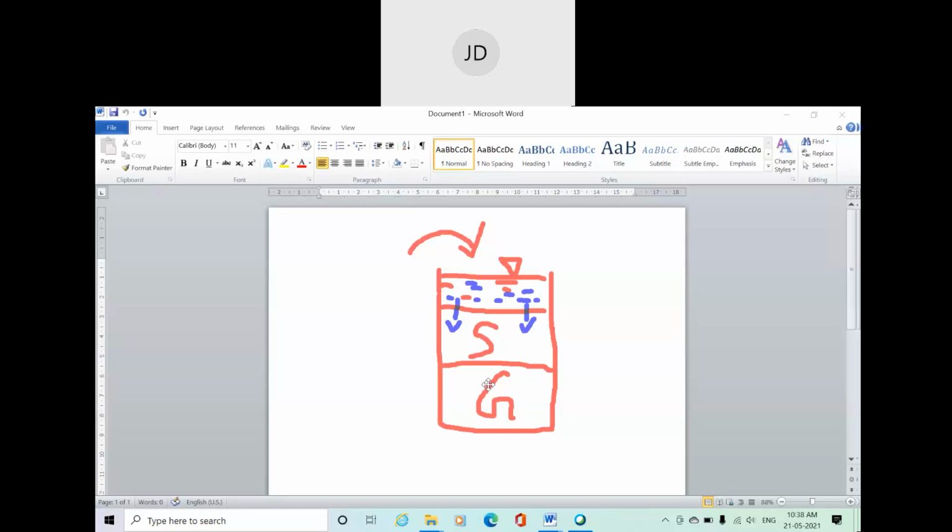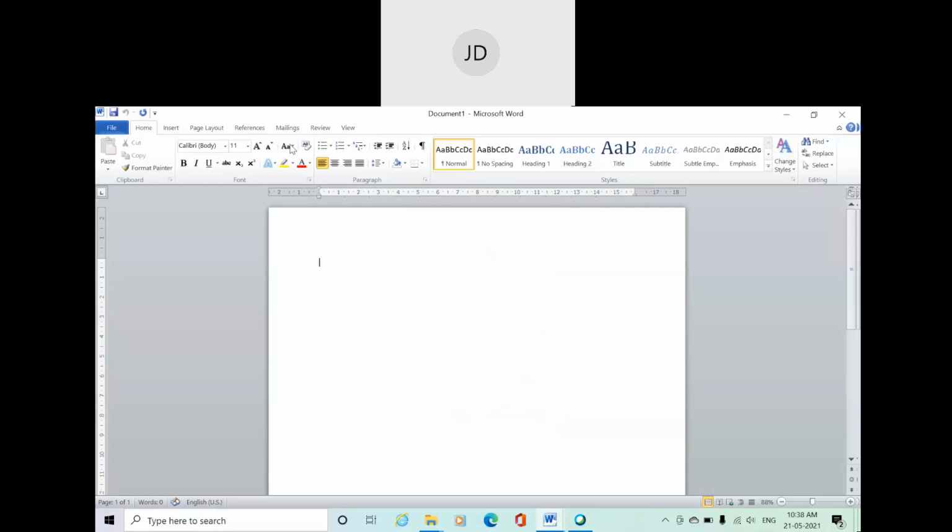First, one mechanism is sedimentation. Let me write it here also. First is sedimentation.